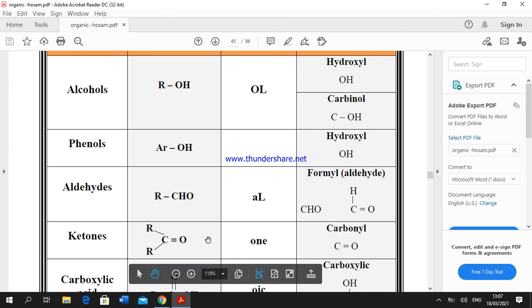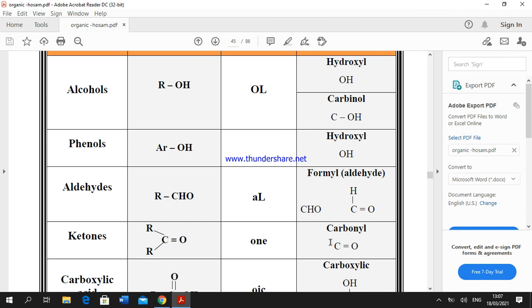The third one, the carbonyl functional group, consists of carbon and oxygen, okay? In this case, the carbonyl group is attached to two alkyl groups, similar or different. The compounds formed by attaching two similar or two different alkyl groups to the carbonyl functional group are known as ketones, okay?